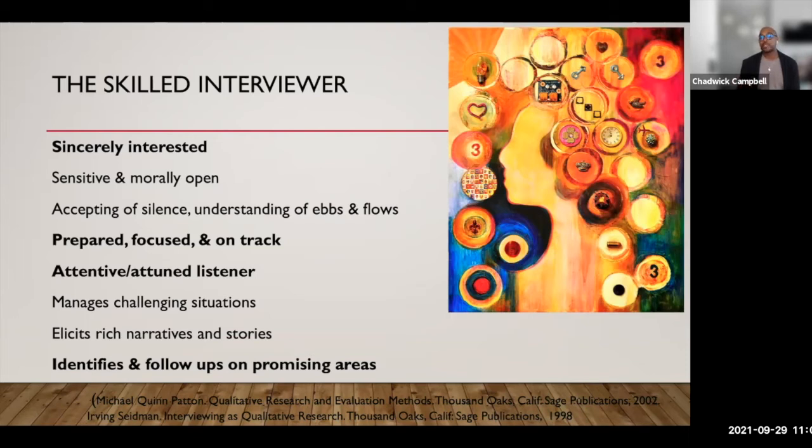And so for participants to feel really safe and be ready to be open and share their stories and their perspectives, the interviewer needs to be genuinely interested in the topic and the participant. I believe very strongly that interviewees can tell. It's pretty obvious to them if the interviewer is not interested, not engaged, and not wanting to learn from them.